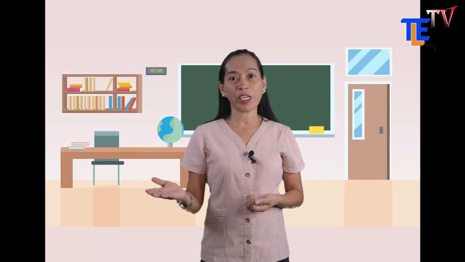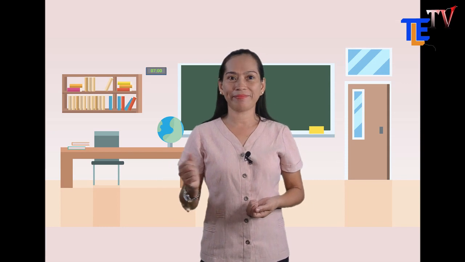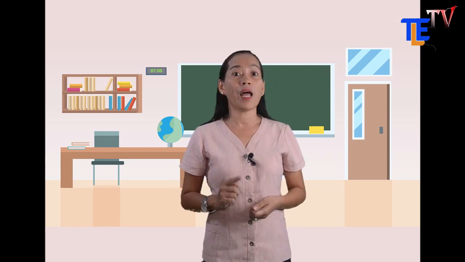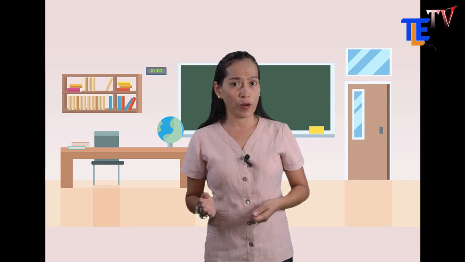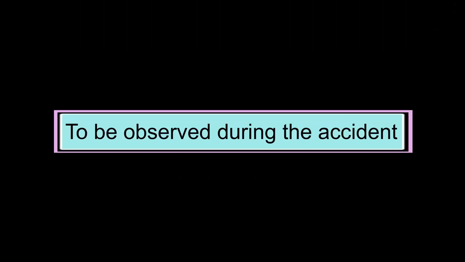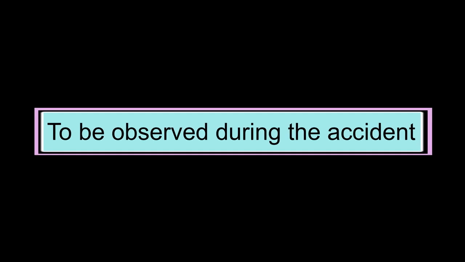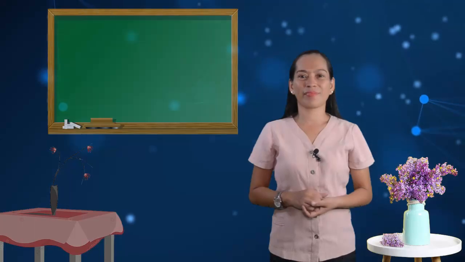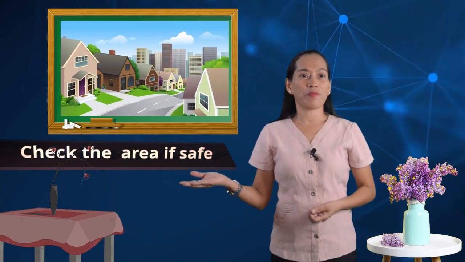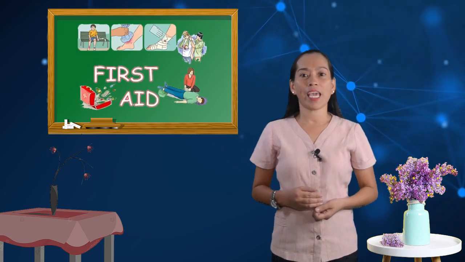Now, can you recall the principles of first aid? Great job so far! Now, before applying first aid, what should be observed during the accident? Let us always remember that if someone is injured, the following must be done. Check if the area is safe, and when it's safe to do so, carry out basic first aid.